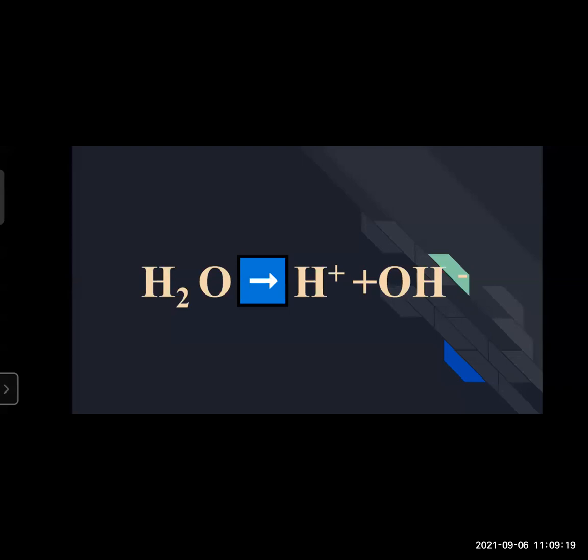Fermentation carried out with the help of microorganisms, other biological processes, and also many chemical processes requires the proportion of H plus and OH minus ions to be maintained within certain limits. So in short, whatever the biological processes, the chemical processes, the fermentation which is carried out with the help of microorganisms.